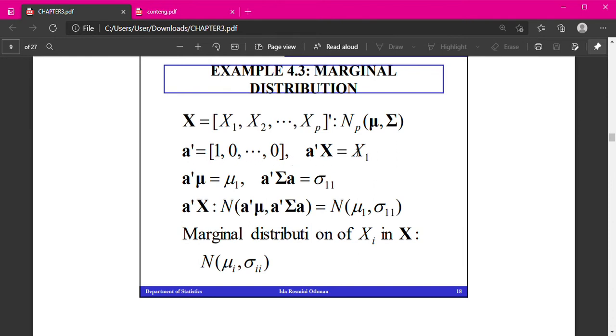Sebab hanya ada x1 sahaja. So this part will be mu1 and this part will be sigma 1, 1. Variance untuk x1 sahaja sebab kita ada linear combination untuk x1 sahaja. So we can create the normal distribution for this linear combination A transpose X with this. Kenapa N saja kat sini bukan NP? Sebab P dia satu. Kita dia dengan satu variable saja. Okay.